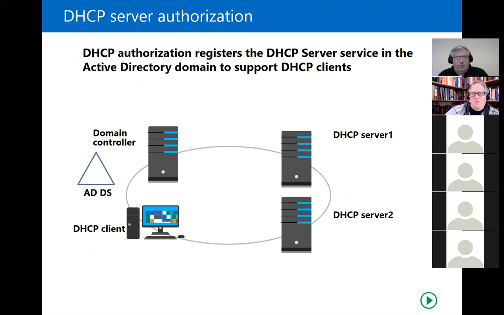All right, so this is how Microsoft ties in Active Directory to a domain controller to the DHCP clients. It all kind of works as a mesh together. And what Active Directory does is it will authorize not only the user, but also the computers themselves.